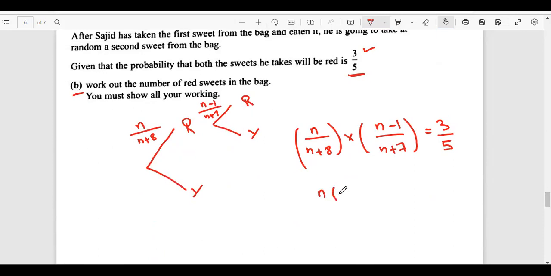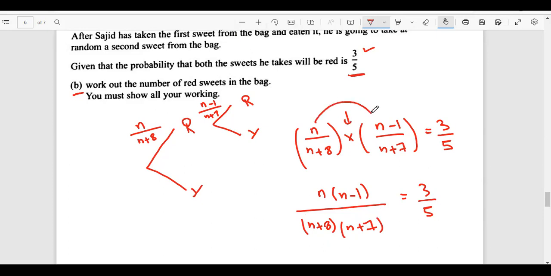It would be n into n minus 1 divided by n plus 8 into n plus 7 equals 3 by 5. Since they are being multiplied, I can directly multiply the numerator with numerator and denominator with denominator.